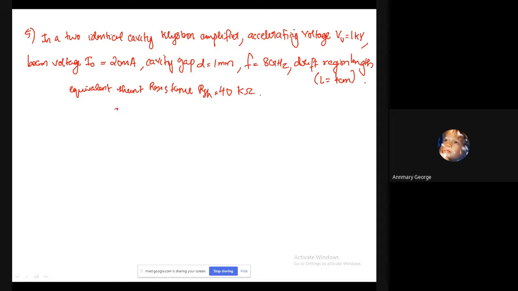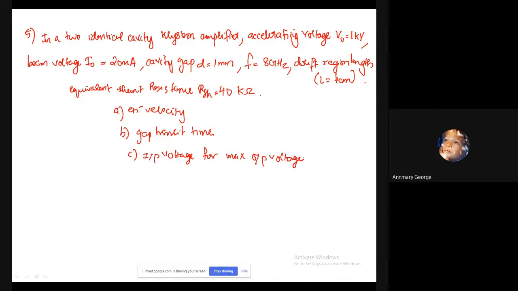You have to find: A, the electron velocity; B, the gap transit time; C, the input voltage for maximum output voltage; D, the voltage gain in decibel; and finally the maximum efficiency.